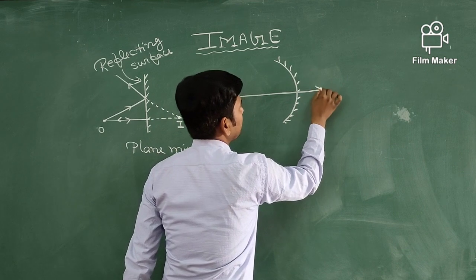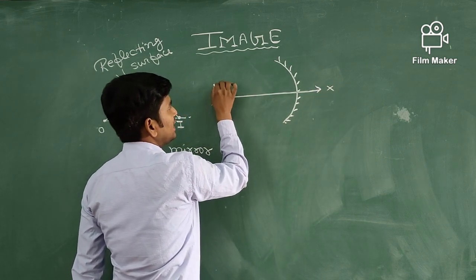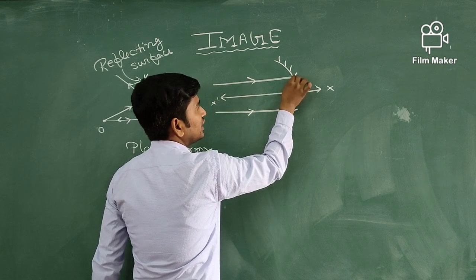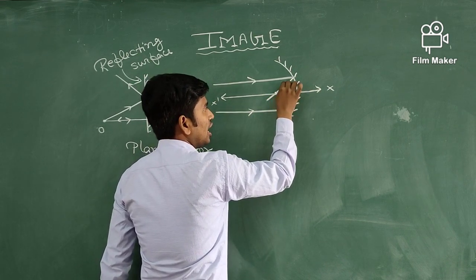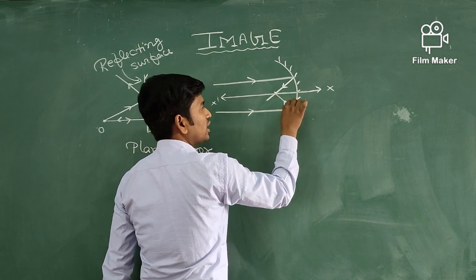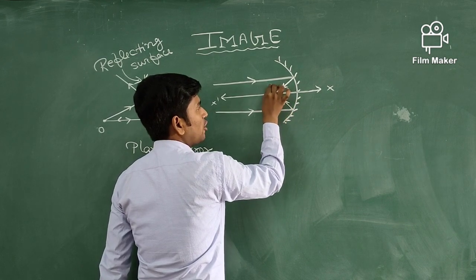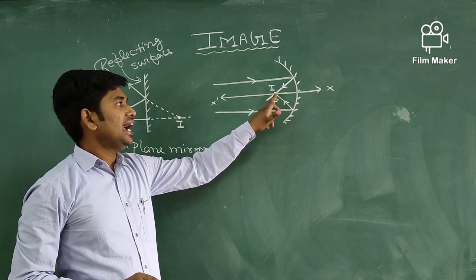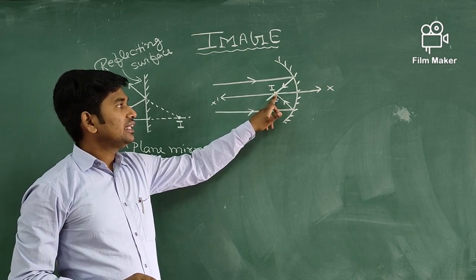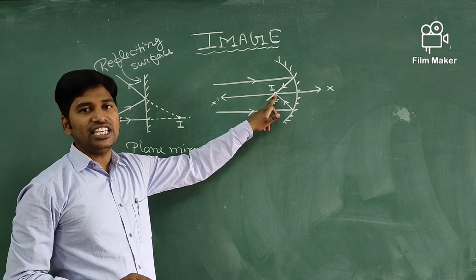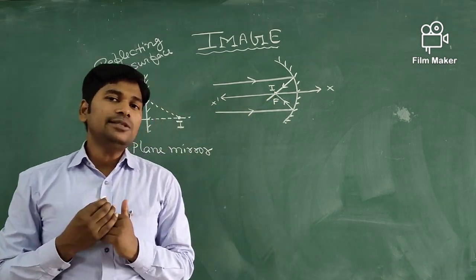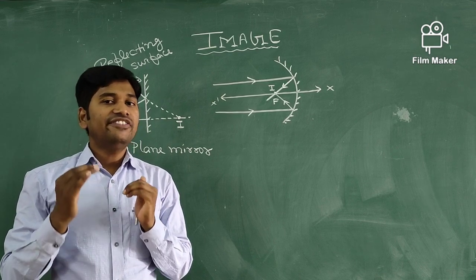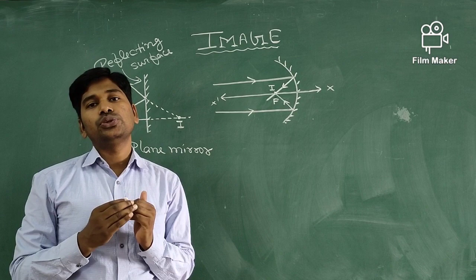This is the principal axis, and if rays of light are incident parallel to the principal axis, after reflection they meet at a point, the focus F. So the image is formed at F. Here, the reflected light actually intersects at point F. So what I define is, image is formed at a point where the reflected or refracted rays actually meet or appear to diverge.